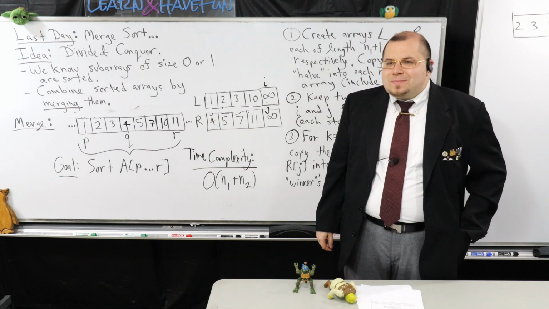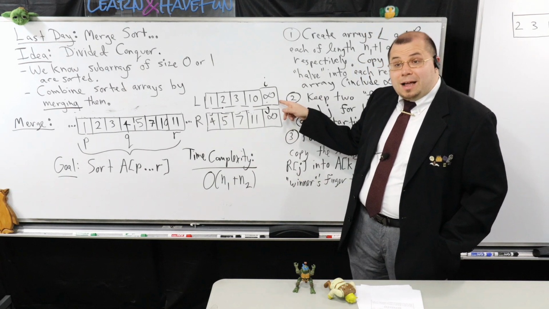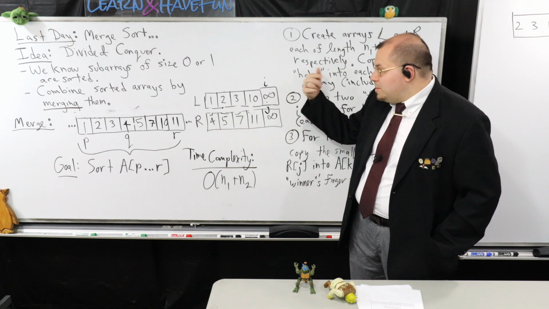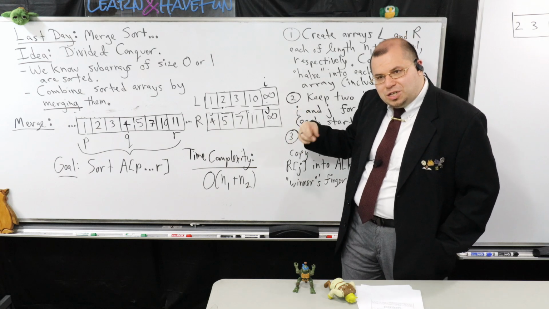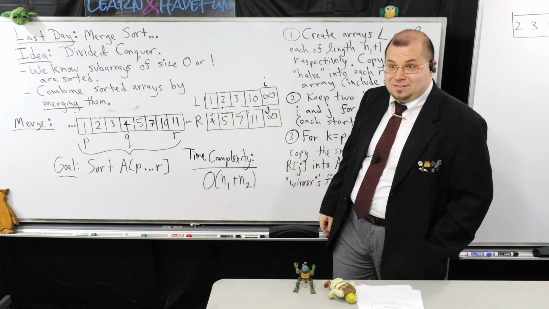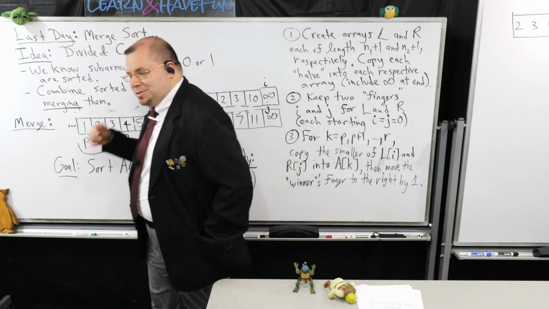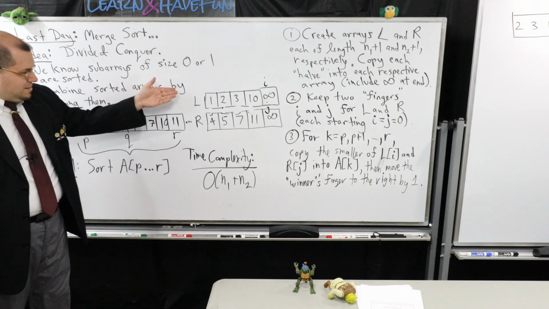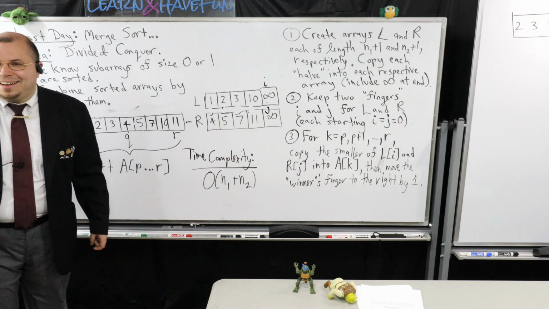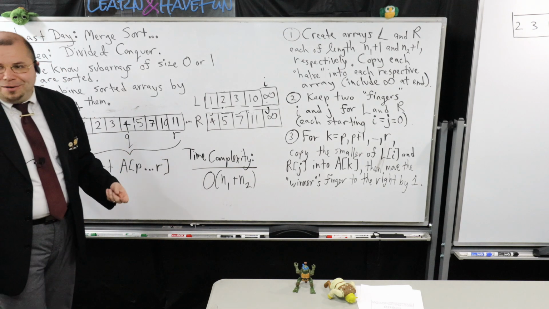Yeah. So one thing I will point out is that when you do the merge process, you create these two arrays every single time. So technically we're using a bit more space when we do this, right? So this merge process actually uses additional space. In fact, you're going to be using a linear amount of extra space.